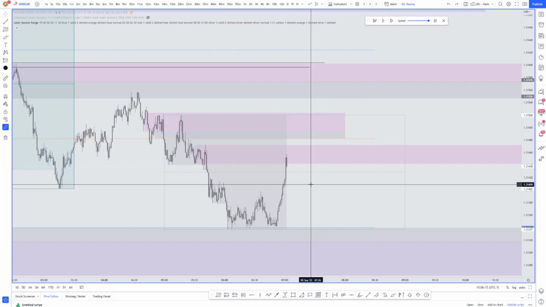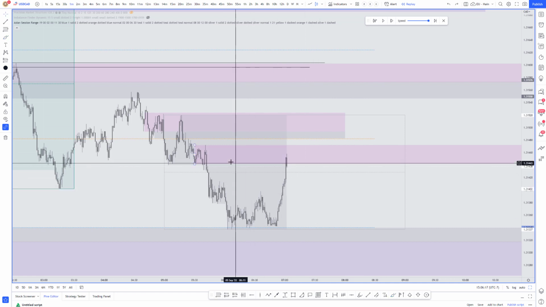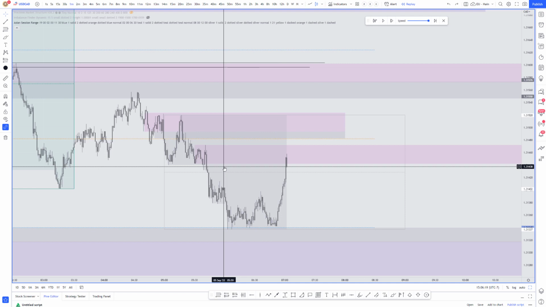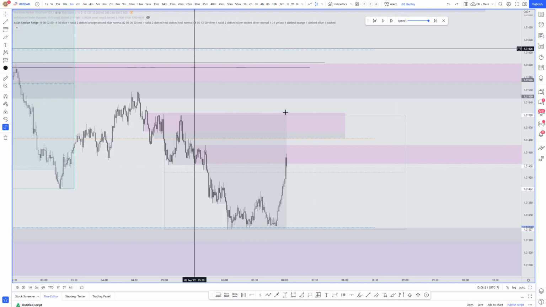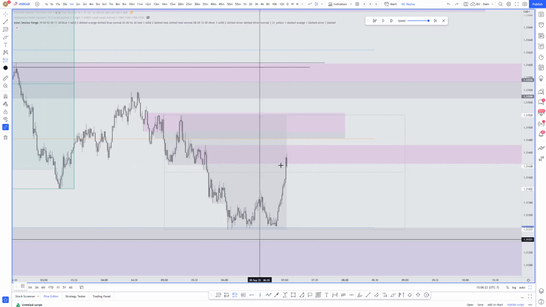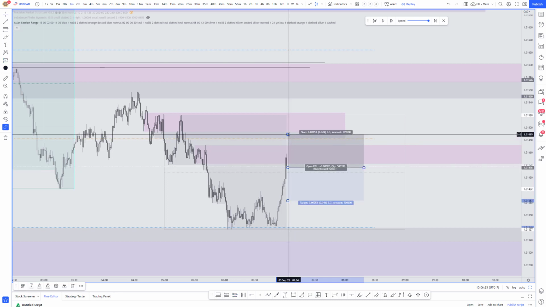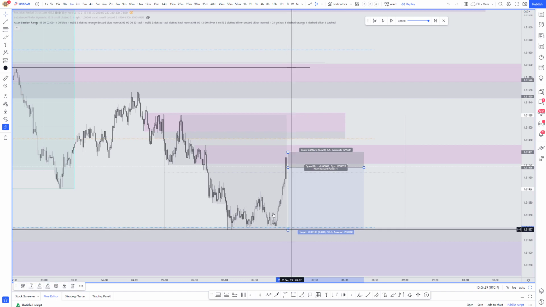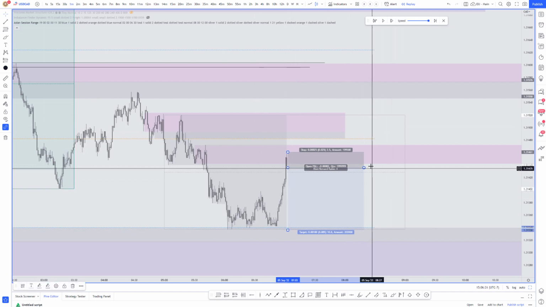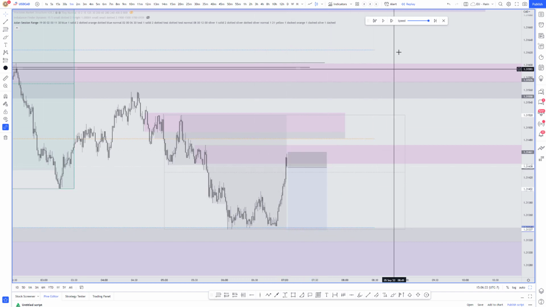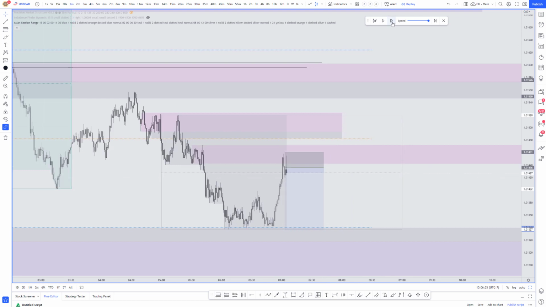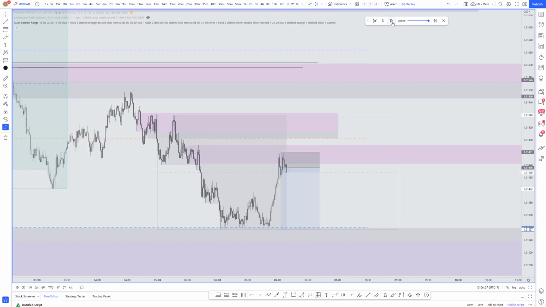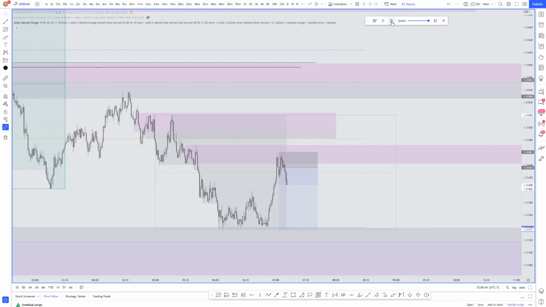So you did tap into our POI. I would probably, wouldn't be a very long trade, but I would at least run these. So my broker's pretty good.